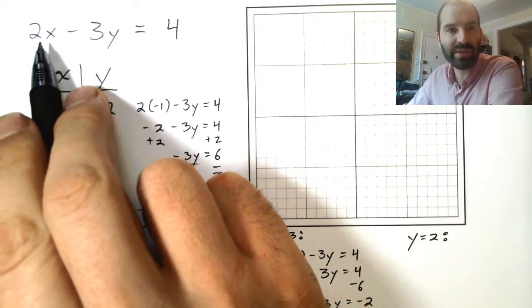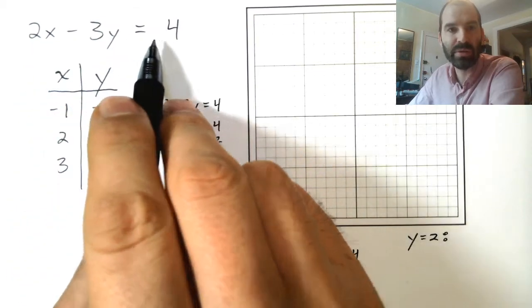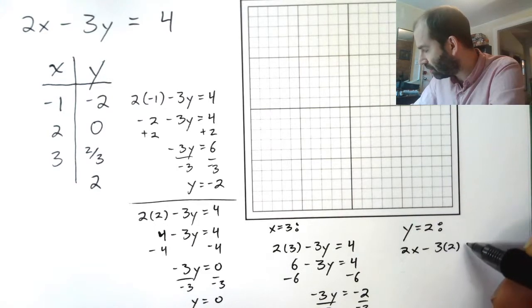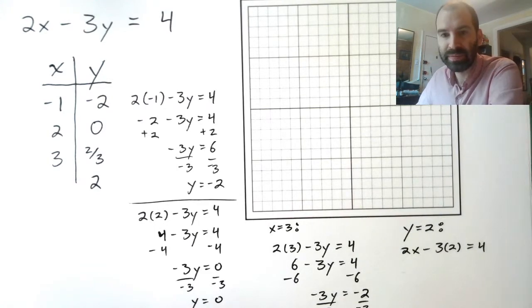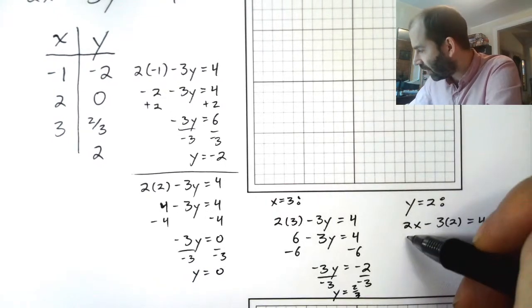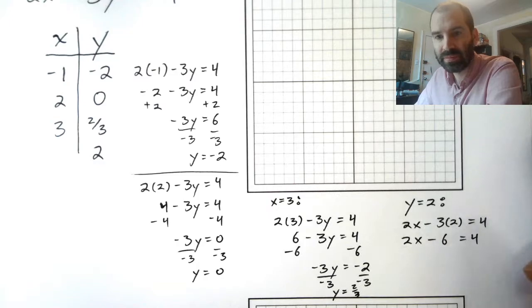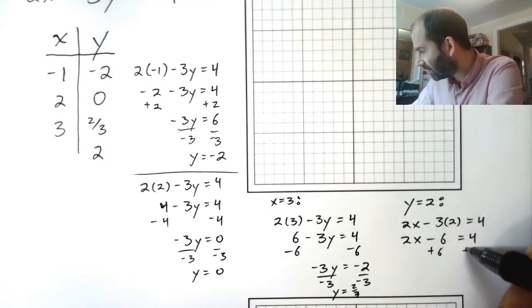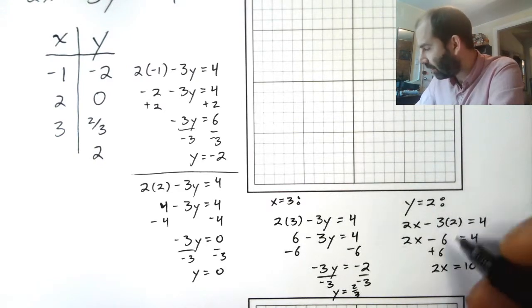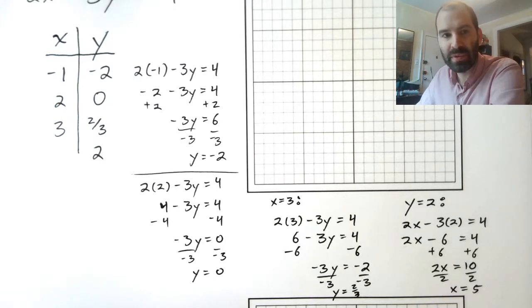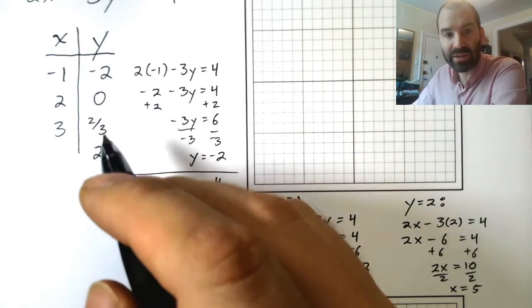So I have 2x minus 3 times 2 equals 4. That's 2x minus 6 equals 4. I'll add 6 to both sides. 2x equals 10. Divide both sides by 2. x equals 5. So from the y, starting at 2, we noted that the x ended up being 5.